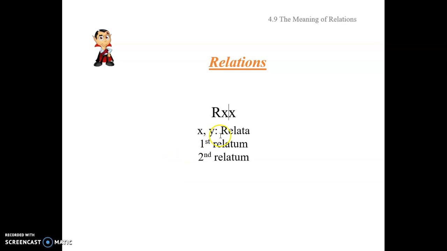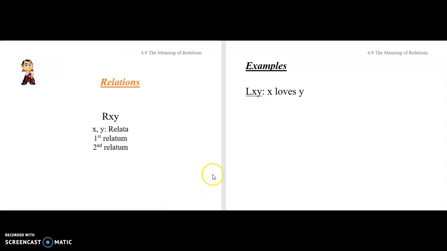What's interesting is that we can think about relations from the perspective of either relatum. Let's look at a couple of examples. If LXY is the loving relation, meaning X loves Y, we're looking at it from the perspective of the first relatum.